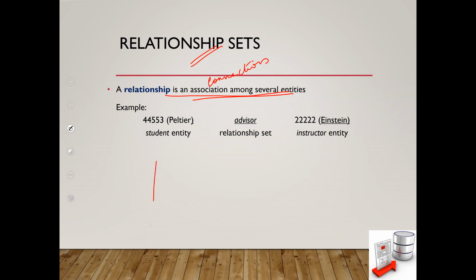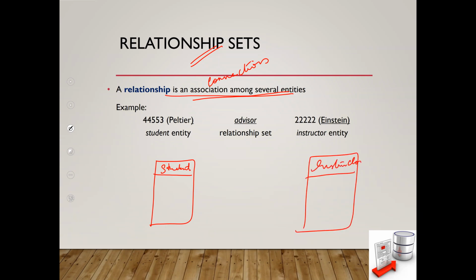Look, you will have a student entity, and you will have an instructor entity, with all these attributes. I say this is entity 1 and this is entity 2. Now, there is always a connection between student and instructor.